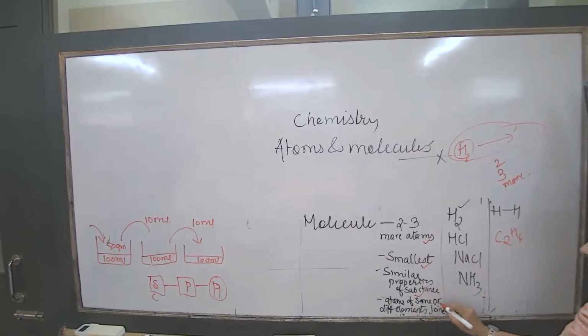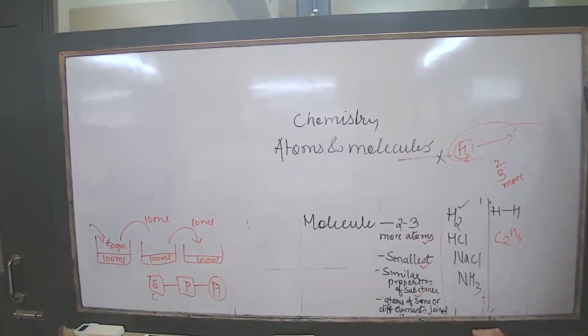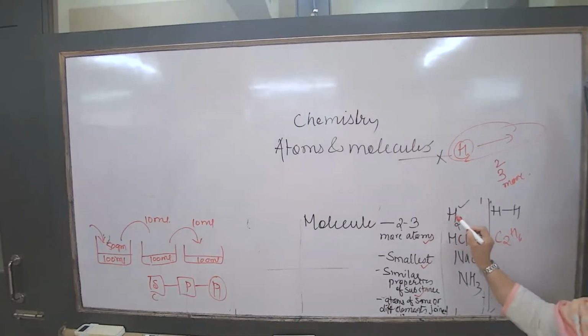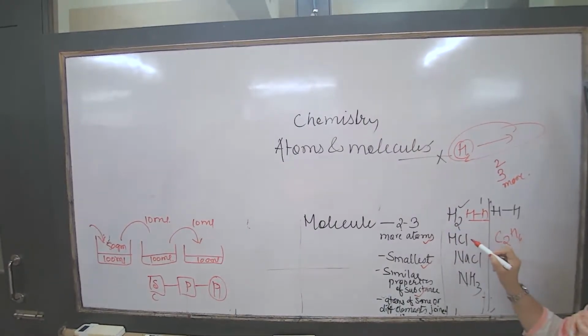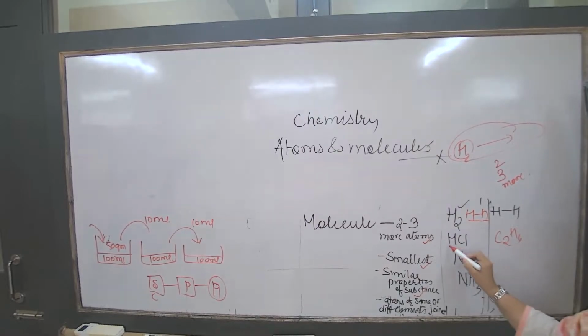Atoms of the same or different elements. Now here we have many examples. Which example comes under this particular point, same or different element? Atoms of the same element and atoms of different elements, these all are molecules. Same element is the first one: two hydrogen atoms, H and H. Second is H and Cl.